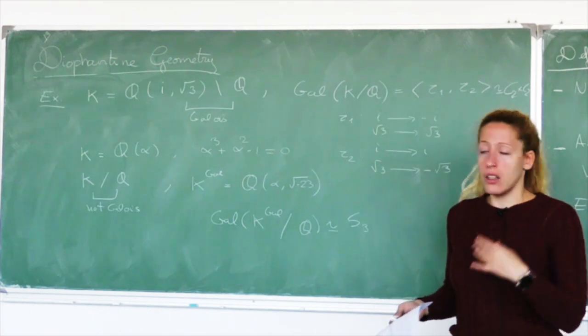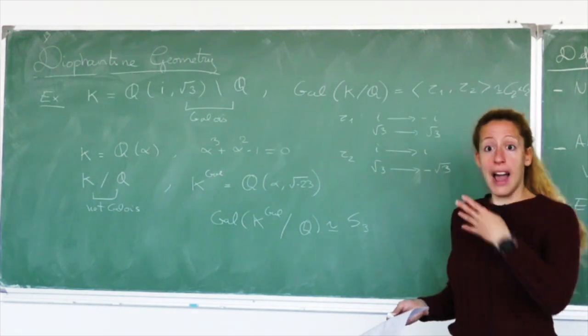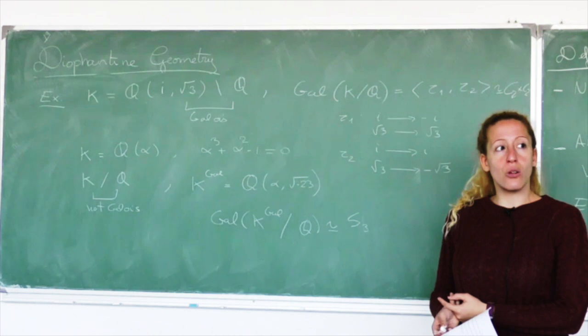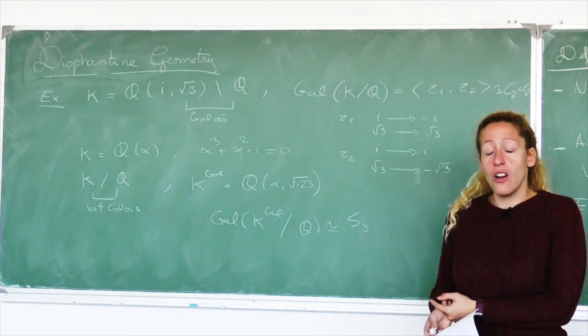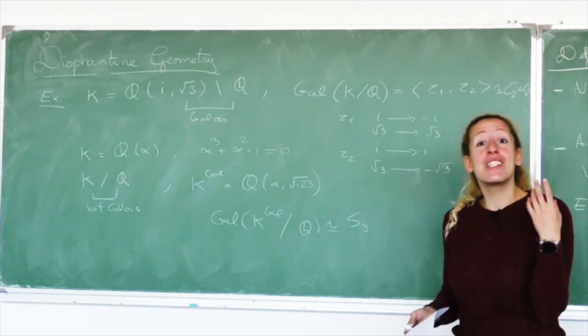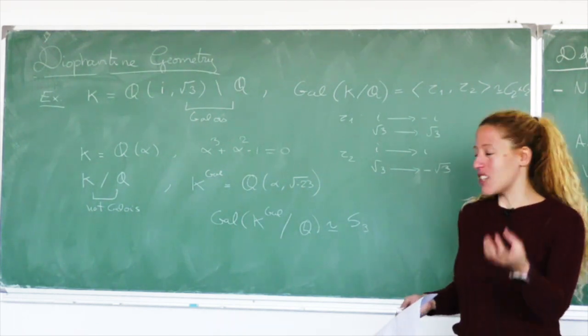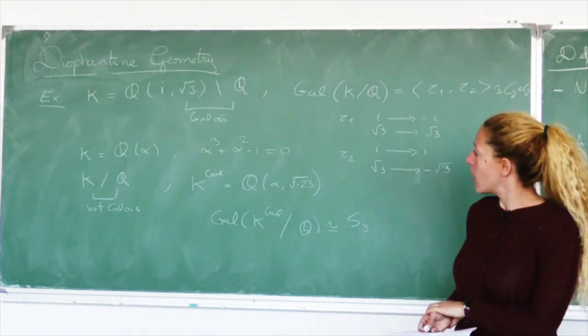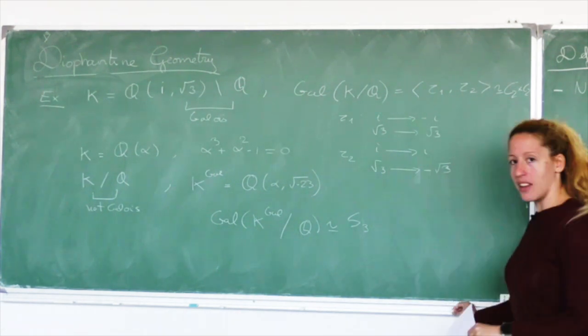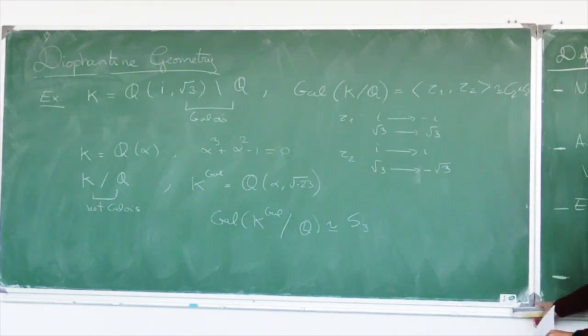What is the height of a point, or of a number? Those heights are going to be useful to measure when a point is small and when it is big. This is the meaning of what I said before, small points. Okay, very well, so let's start with the definitions. I'm going to erase here.